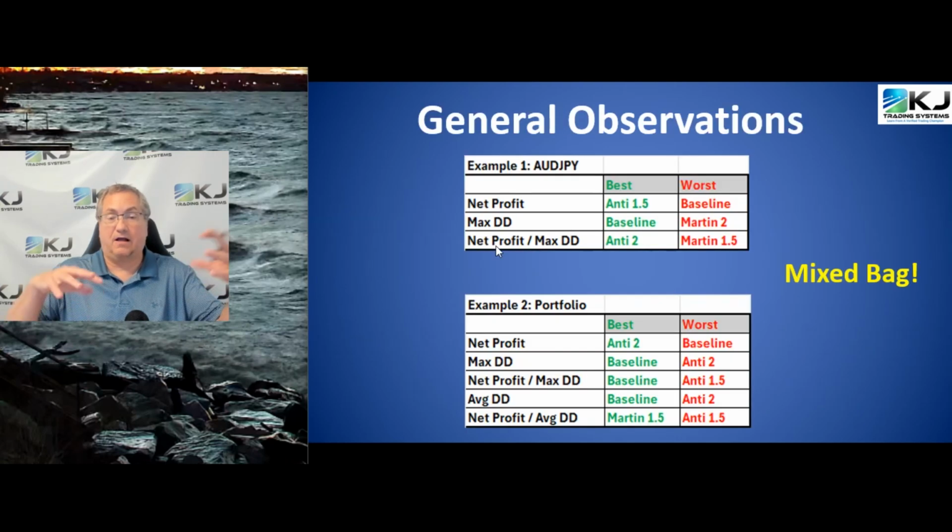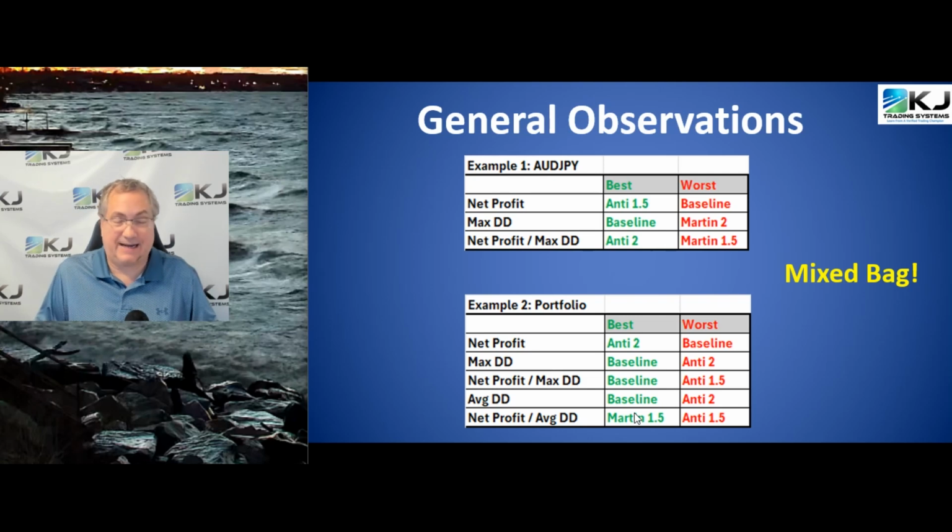So when you look at it all together, you get this mixed bag, because with the Australian dollar, Japanese yen, the anti was the best in a couple cases, or the baseline. But for the portfolio, anti is usually the worst, and the baseline is usually the best.